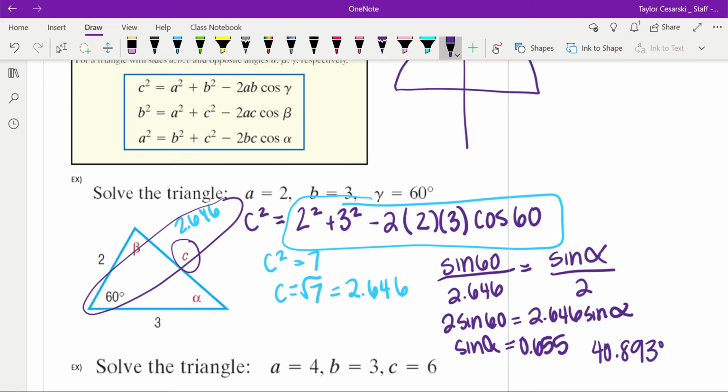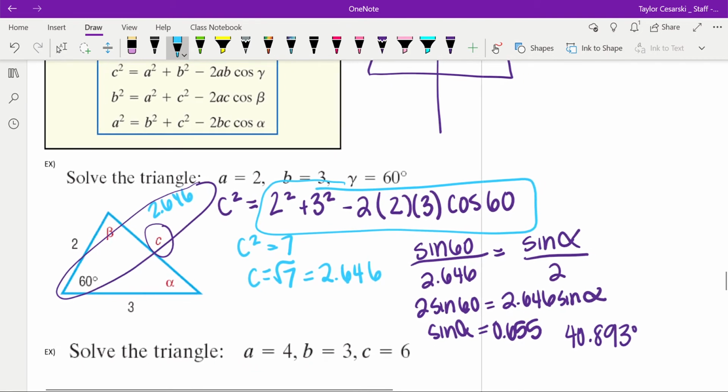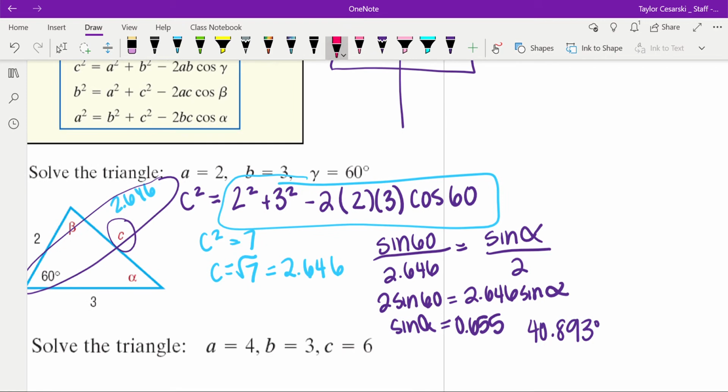40.893 degrees. Now, since I'm using law of sines here, I am going to go ahead and check to make sure that there's not a second case. So 180 minus 40.893 is 139.107.